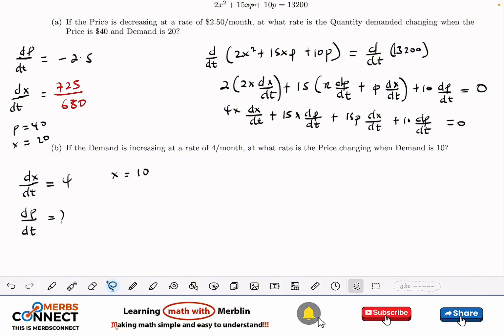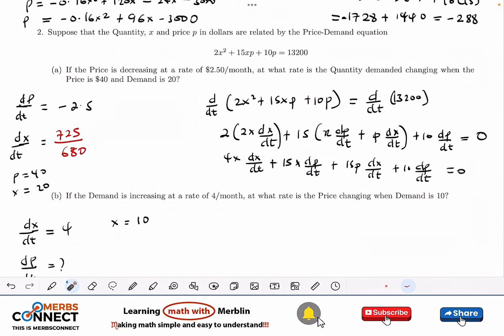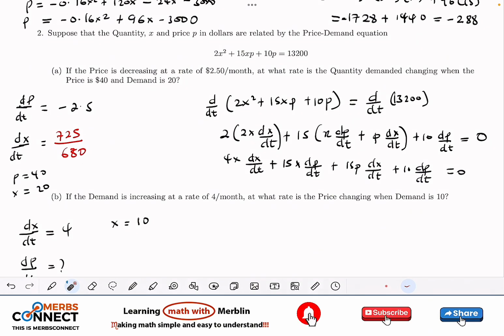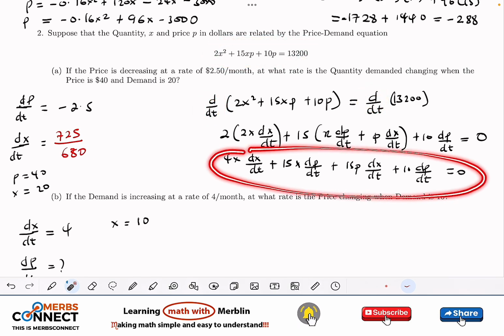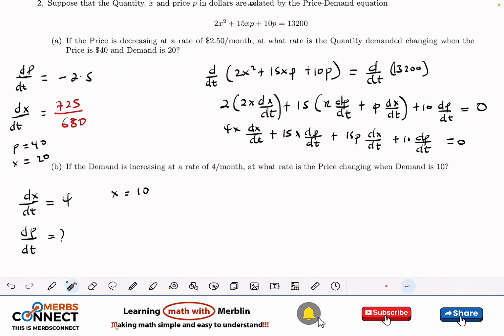So the same preamble that we are going to use, you see that this one was the same preamble for A and B. So definitely we need to differentiate this with respect to t and this with respect to t, which we have right here. But let's look at something. We have the dx over the dt here. We have x here. We are looking for the dp over the dt.